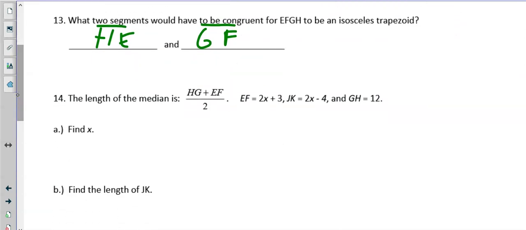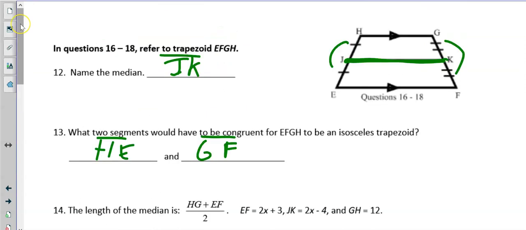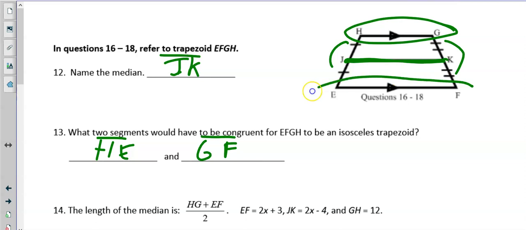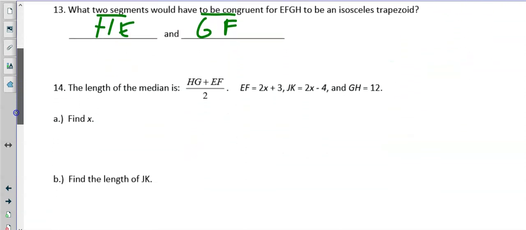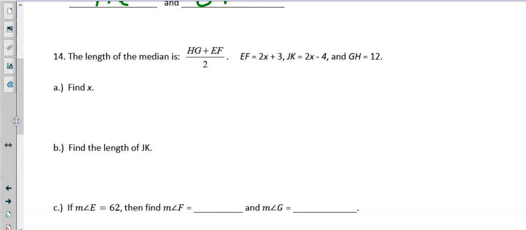The length of the median is, so the median is basically averaging the bases. So HG plus EF divided by 2. All right. So here it says EF is 2x plus 3.